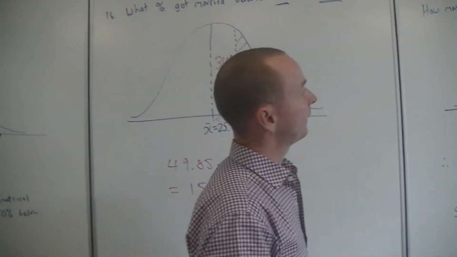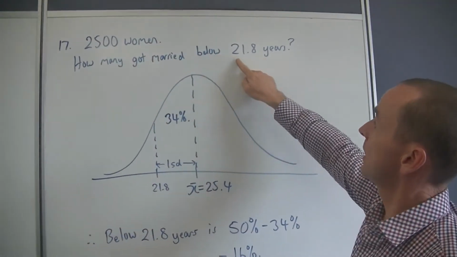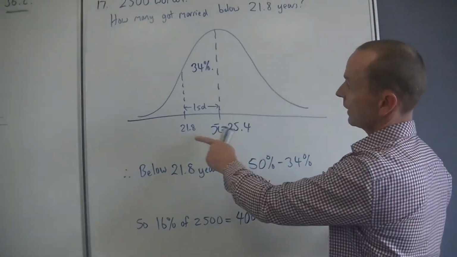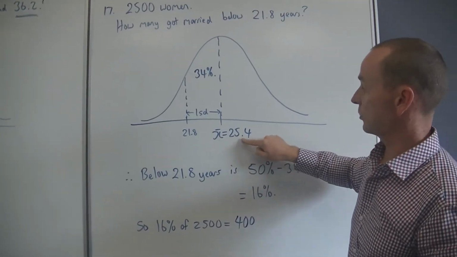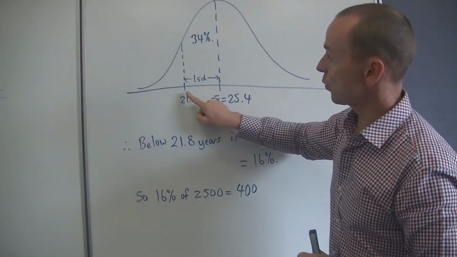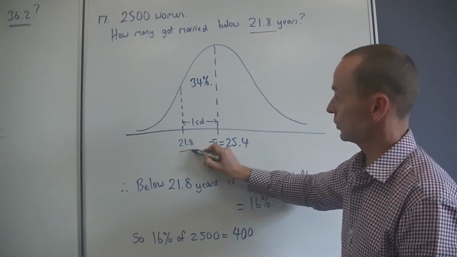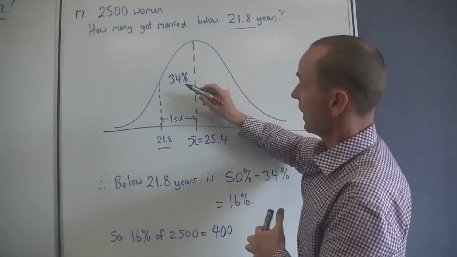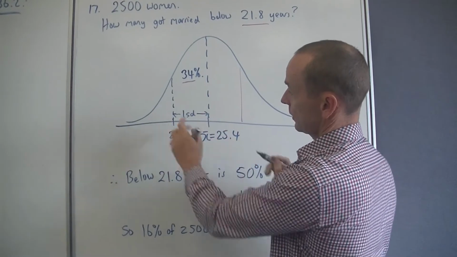All good? And the last one said, there are 2,500 women. How many got married below 21.8 years of age? So again, we draw a new symmetrical distribution. Our mean is at 25.4. If we go 1 standard deviation below, we get to our value of 21.8, which is there. Remember the rule for that? 68% are in that whole region, so therefore 34% are just in that half region there.